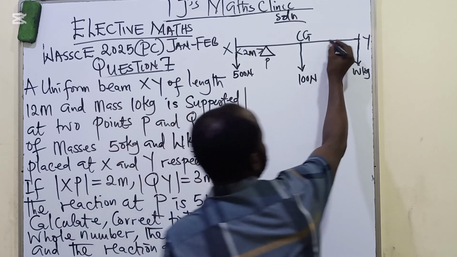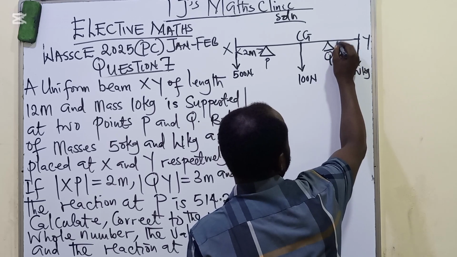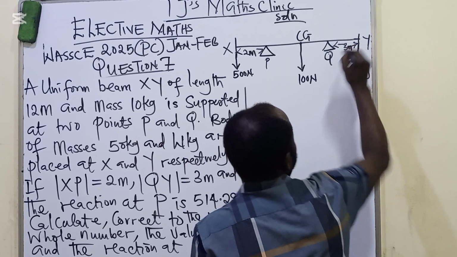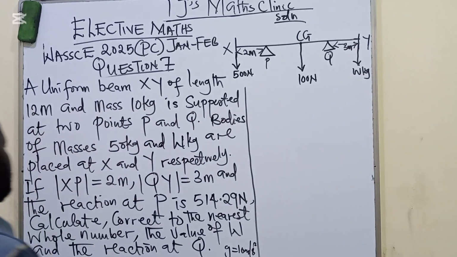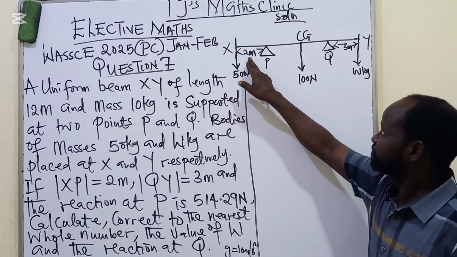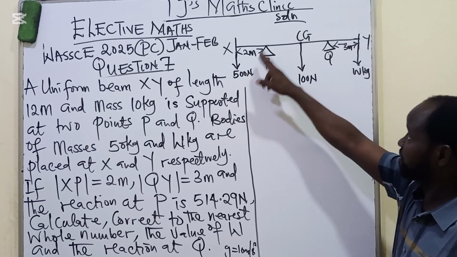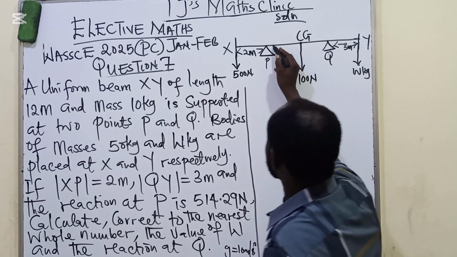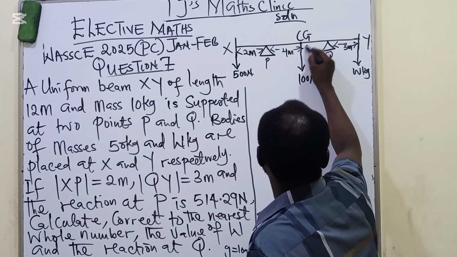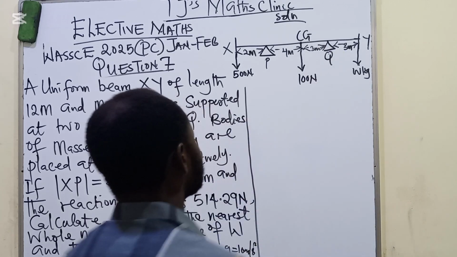Then we have another pivot here, which is the support Q, that is 3 meters from Y. The entire meter rule is 12, so from the center to X is 6, and from the center to Y is 6. If you remove 2, we'll be left with 4 here. So the length here is 4 meters, and the leftover length here is 3 meters. Very important.